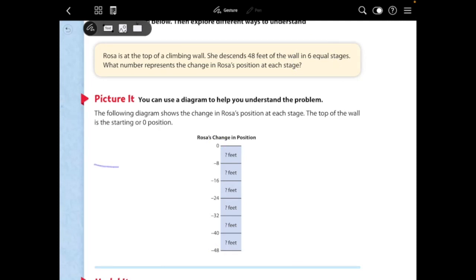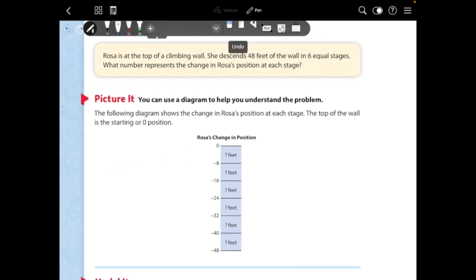So they basically took your number line and flipped it on its head and made it go up and down. Imagine you had a number line that looked like this, and you just had to divide it into 6 different spots. You knew that you had to start at 0, which was right here, and then travel downward to negative 48. You knew you had to do that in 6 stages too, right?